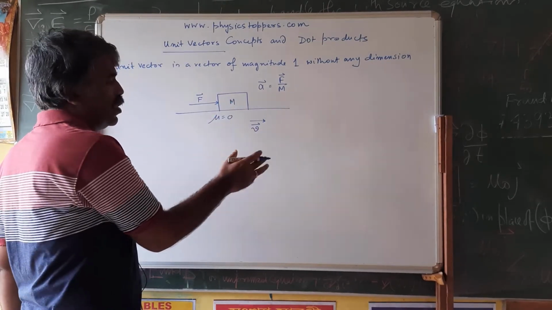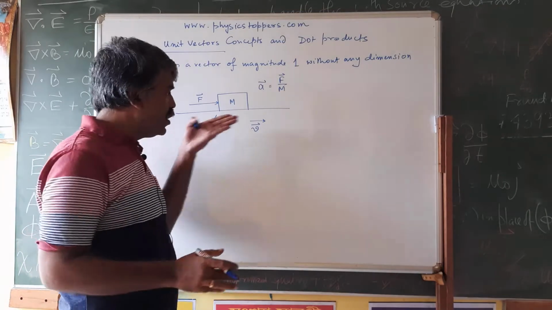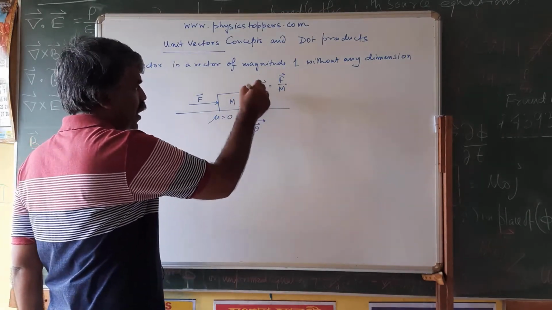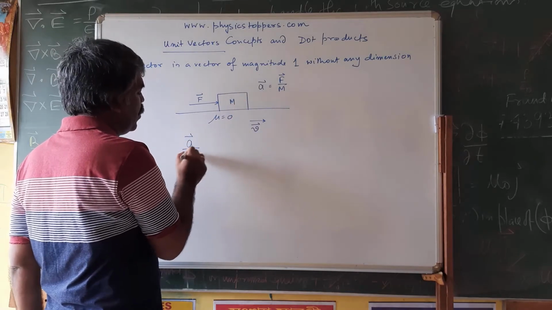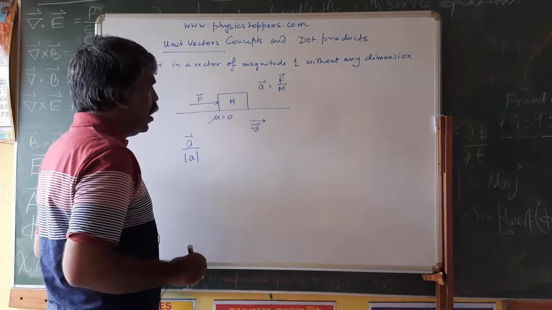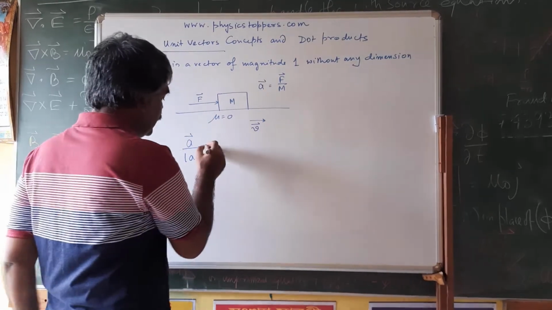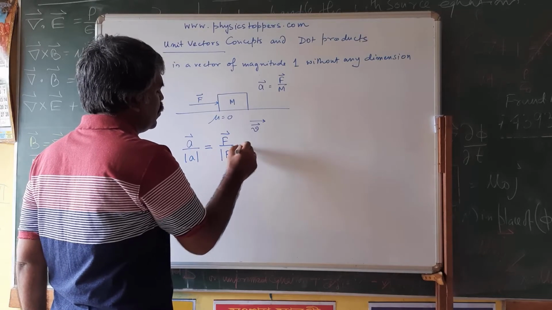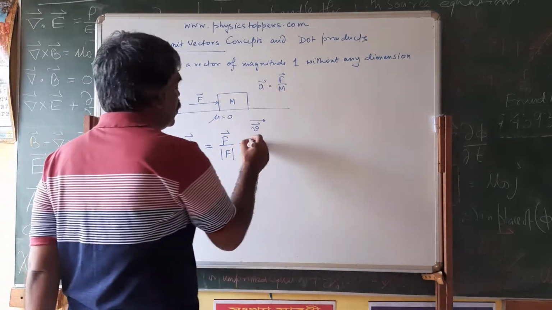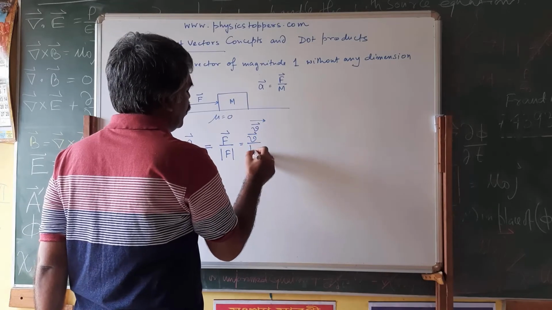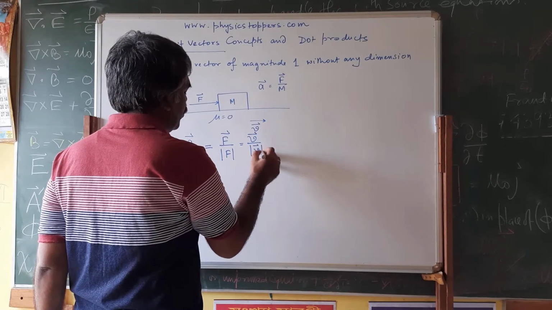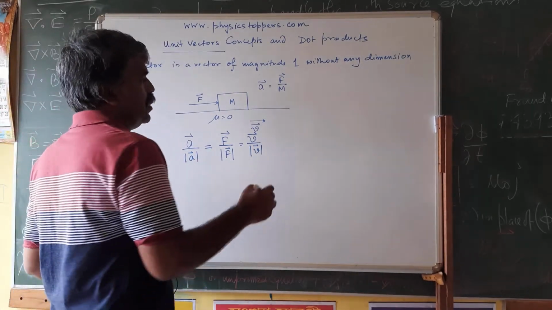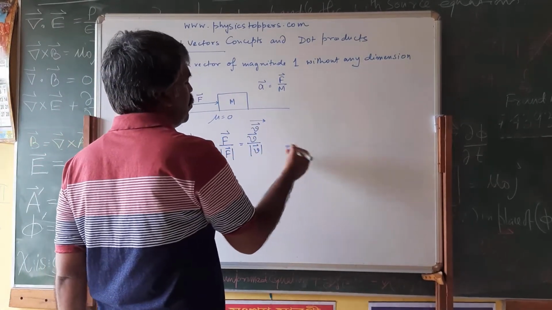If I want to find the unit vector along this direction, that will be this vector, any vector A, divided by its magnitude. Interestingly, this is very similar to F by magnitude of F, and this is very similar to v divided by magnitude of v. The normal notation of a unit vector is given by hat.